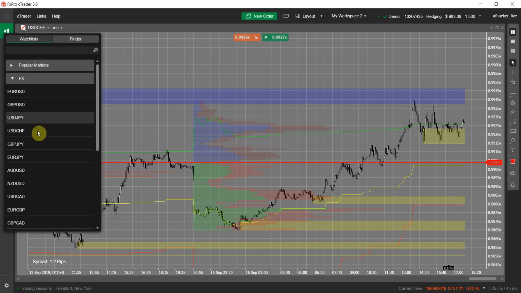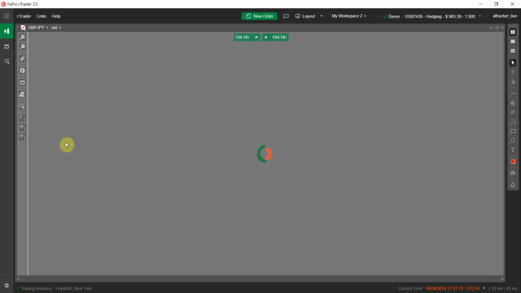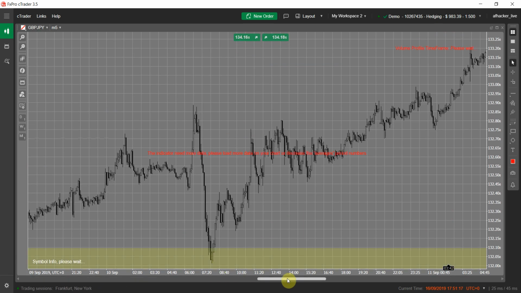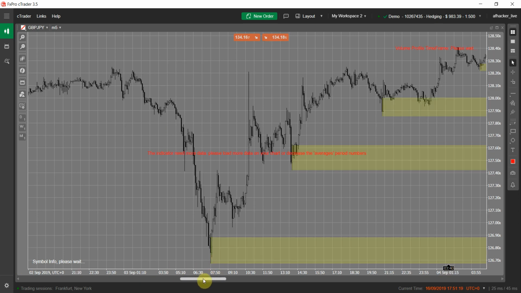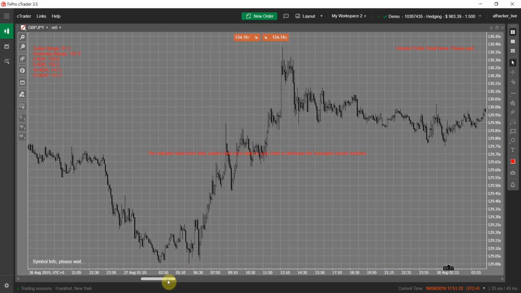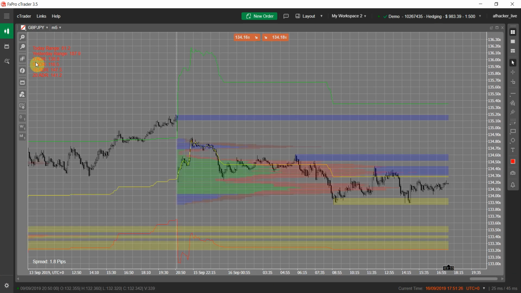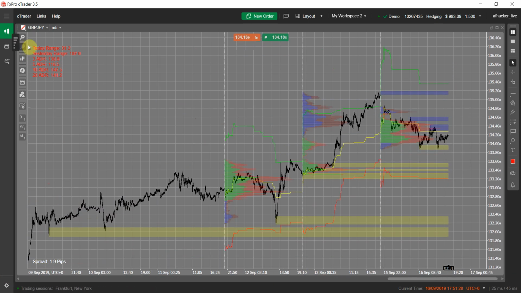So let's check another chart, GBPJPY. Okay, let's see what we have here.